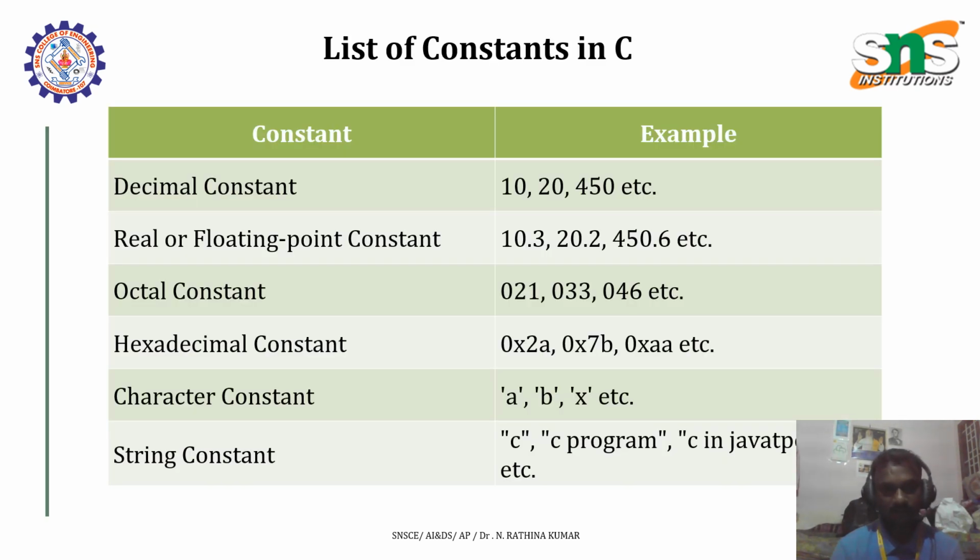These are the constants available in the C language: decimal, floating point, octal, hexadecimal, character, and string. If you see an example, you can easily match it. For example, what is meant by a character constant? Nothing but A, B, X. Once you understand the example, you can easily understand its definition.